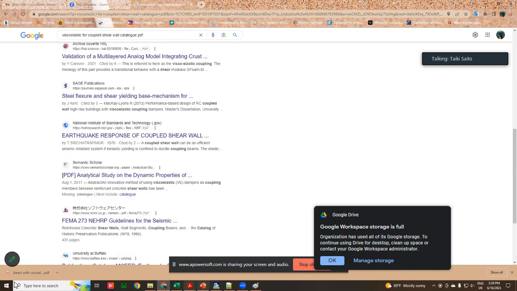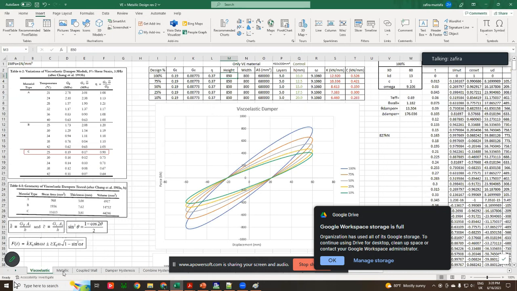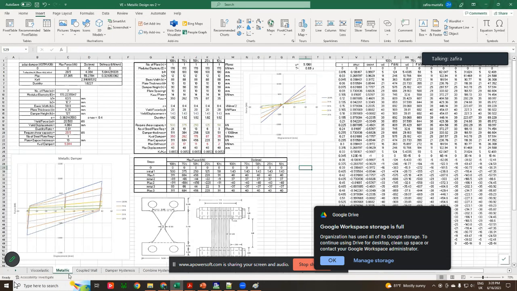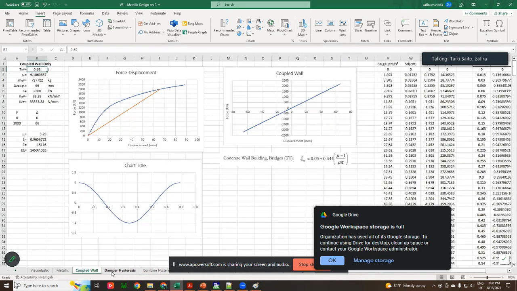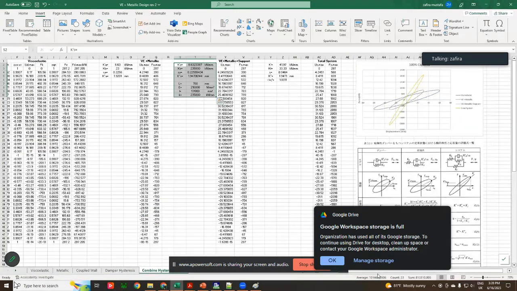Okay. I also recalculated how we combine viscoelastic and metallic and also the support. This is for the metallic damper and the coupled wall stiffness, and from here I use this book, sensei.